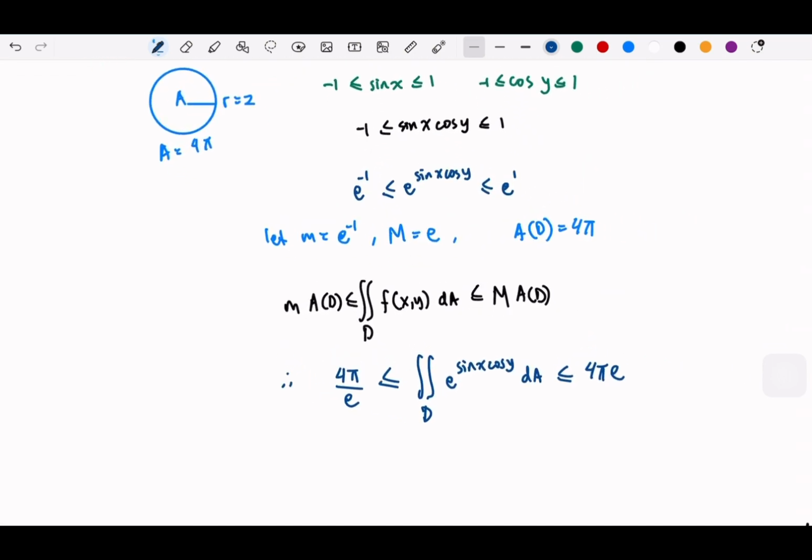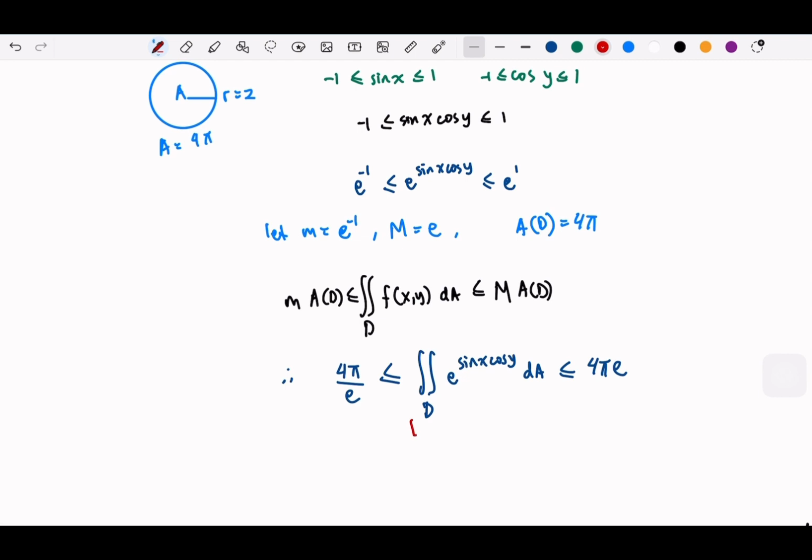So we can estimate that this value is between these two numbers. Of course, the narrower the bounds, like the small m and the capital M, the better the approach, and perhaps we can deal with some errors. Okay, that's the property of the double integrals.